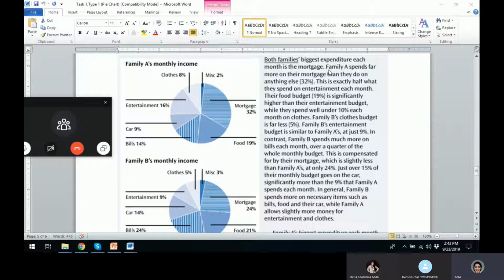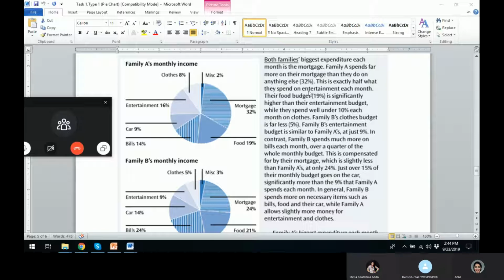How about the second sentence? "Family A spends far more on mortgage than they do on anything else." That's correct. "This is exactly half what they spend on entertainment." What's wrong with the sentence? Entertainment is 16% and mortgage is 32%. 16 plus 16 is 32.